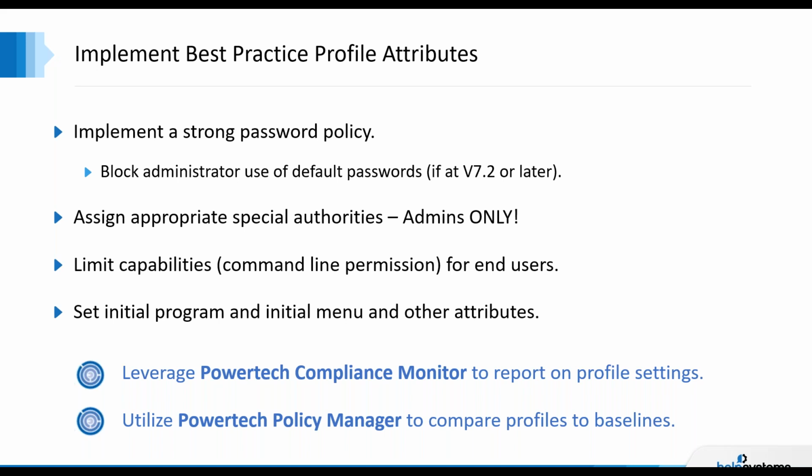The other tool, and one of my favorites, is called Policy Manager, which allows us to define a baseline of how our system should look in many different areas of configuration, not least of which profiles, in order to then have an ongoing review of that so that I can determine exceptions. So one of the pain points I hear from people is, hey, we've got 1,000 profiles. I'm not going to go look at them every day to see if a user's been granted a special authority that they shouldn't have.